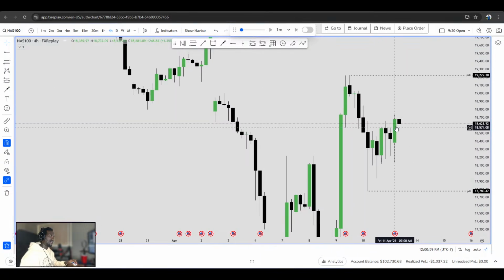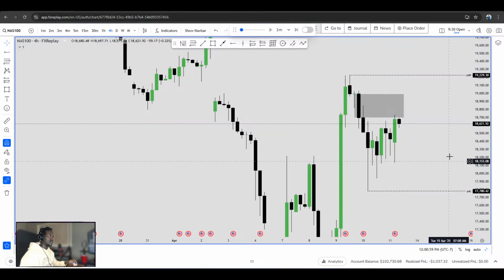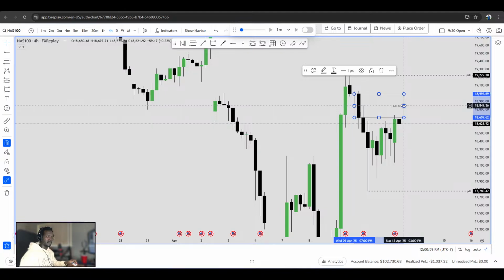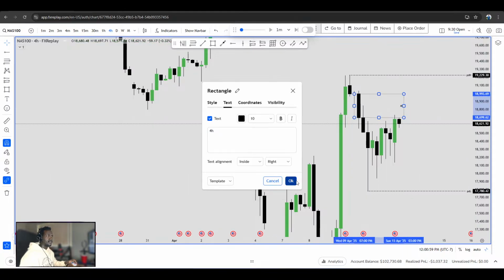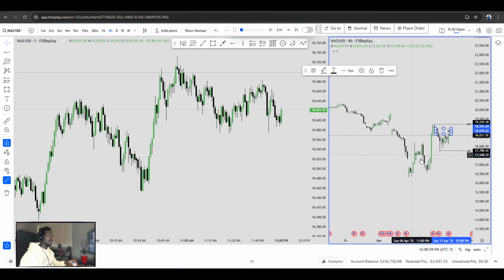So if we take this 4 hour, we might be going down, so I might just mark that right there. That's a balanced price range right there. 4 hour. I'm curious to see what happened when we got to the other BPR, the previous day. Let me just see that real quick.